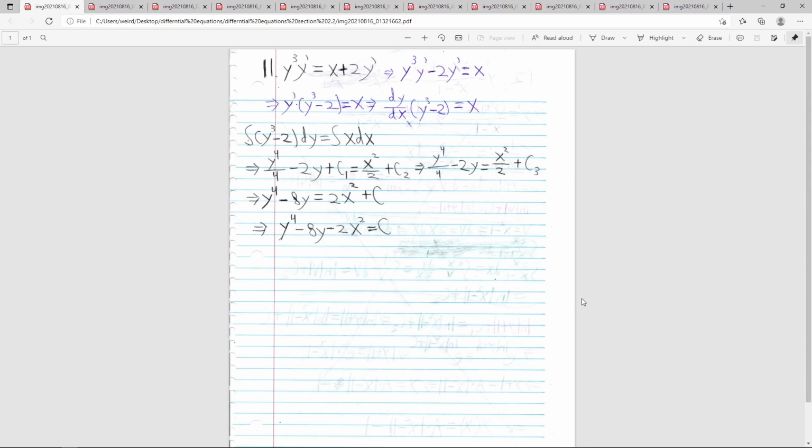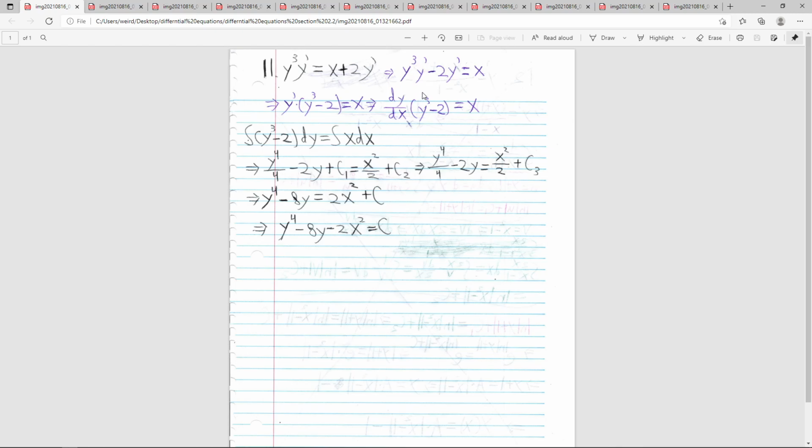Oh, here's a quick one, because you would never be expected to get an explicit solution from this. There's probably a way, using somewhat more complicated algebra than the average person would have on hand, but we have y cubed times y prime equals x plus 2y prime.